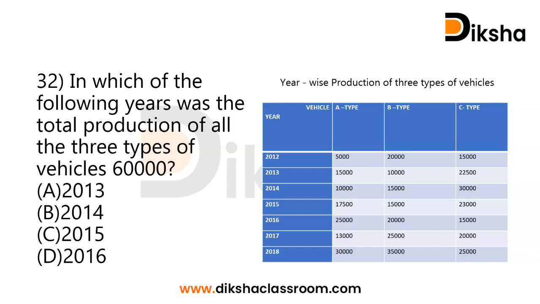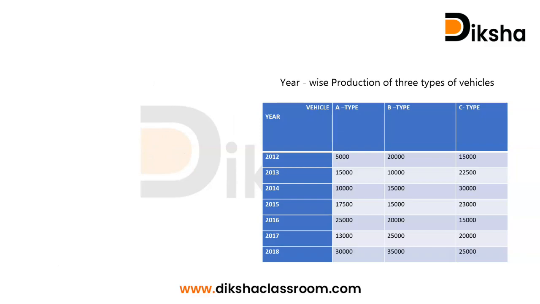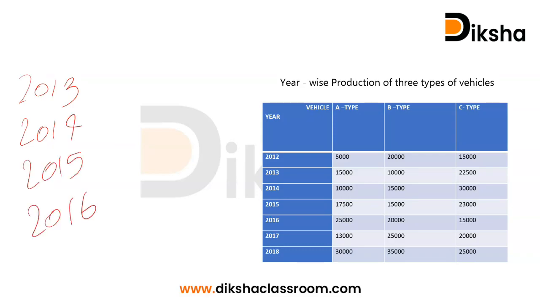Okay, so we want to find which year gives 60,000. The options are 2013, 2014, 2015 and 2016. We want to find in which year the total production is 60,000.